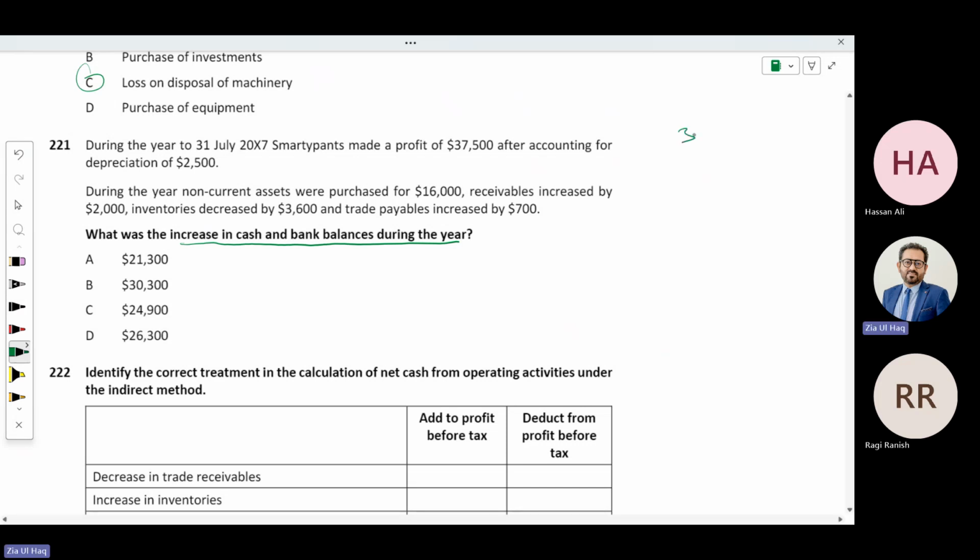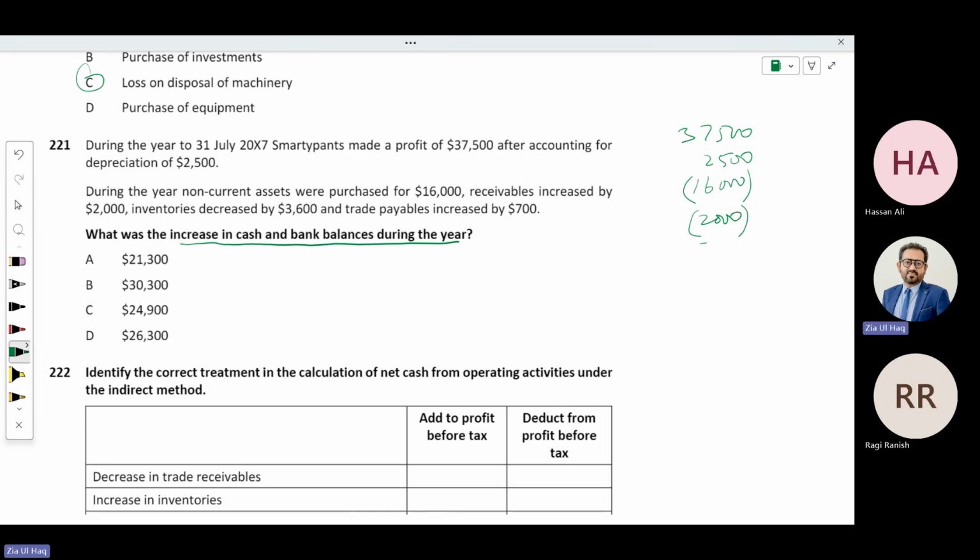So 37,500, we need to add back 2,500 depreciation. During the year, non-current assets were purchased for 16,000, so 16,000 deduct. Receivable increased by 2,000. What to do with it? Add or subtract? Inverse relation, current asset.